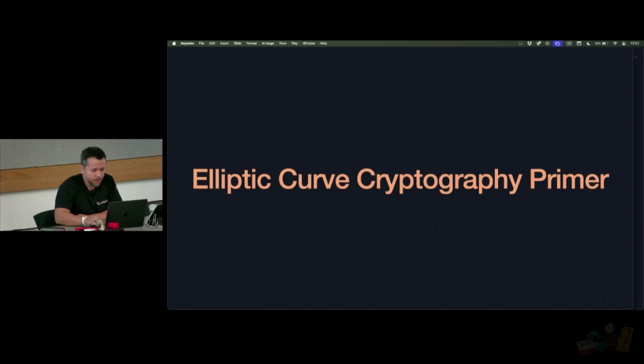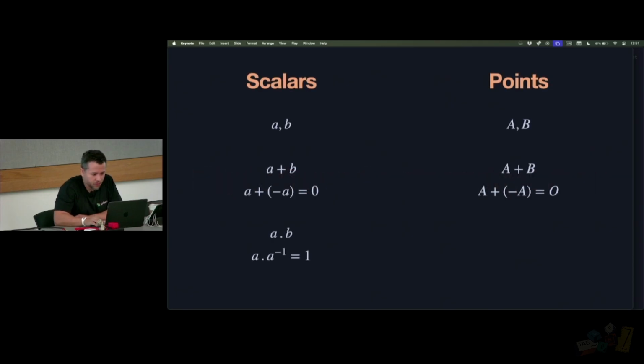Really quick into this ECC cryptography. What you have to know to understand this thing is, in elliptic curve cryptography, we have two basic data structures. The most basic one, I will call it a scalar. It's just an integer number.